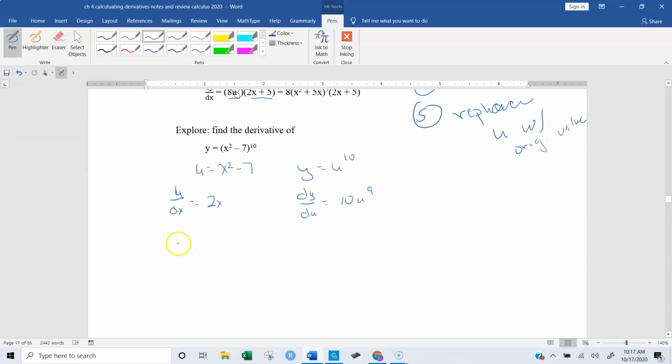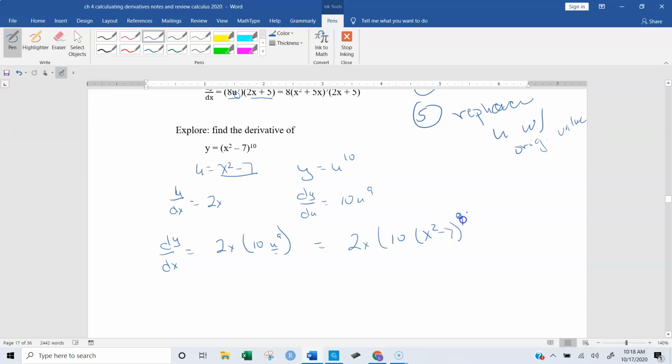Step 3, we multiply them together. So I'm trying to find the derivative of y with respect to x. So to do that, that's 2x times 10u to the 9th, but I cannot have that u, so I must replace it with what it is worth. So that's 2x times 10 x squared minus 7 to the 9th power.